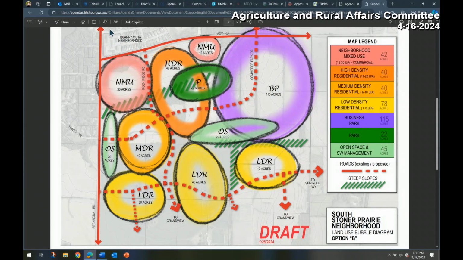So you have the Quarry Vista neighborhood up here, and then you have the apartments on the corner, so this one is saying, well, maybe we should rethink that corner for something a little bit more intensive. My planning hat thinks there's some interest here because, thinking about the future and the potential of a transit line down Lacey, it's good to concentrate some of those higher densities along those corridors.